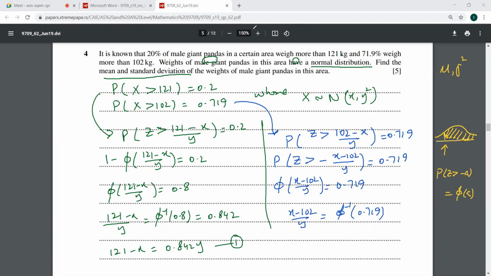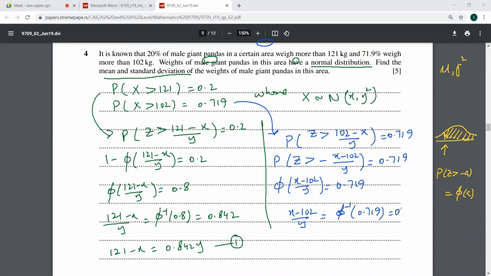Let's see what is phi inverse of 0.719. We have this exactly here, right? So it's 0.5, 1, 2, 3, 4, 5, 6, 7, 8: 0.58.